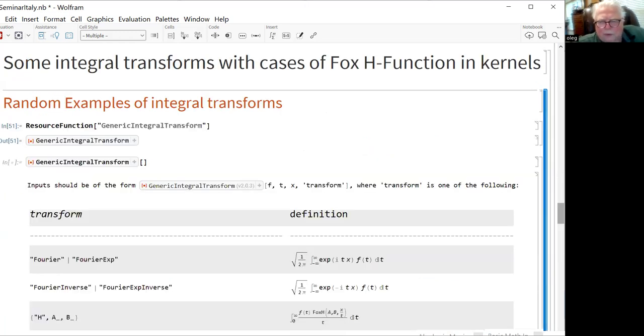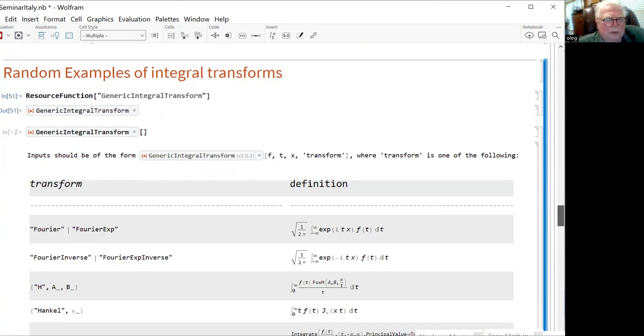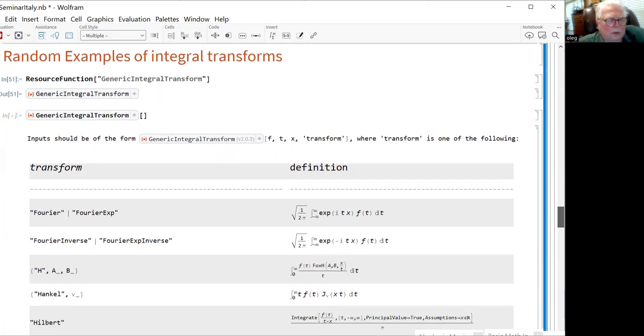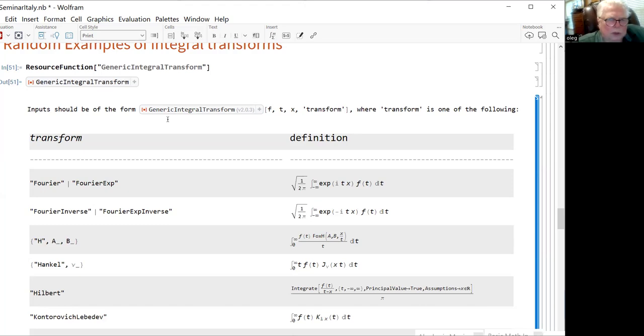Here I give an example of integral transforms, and much more. You can find this if you go to the resource function, generic integral transform.